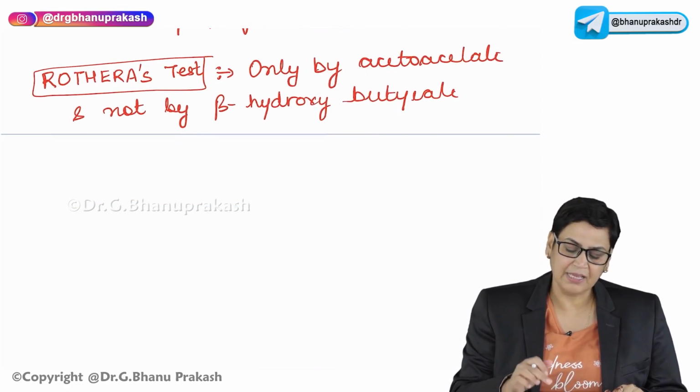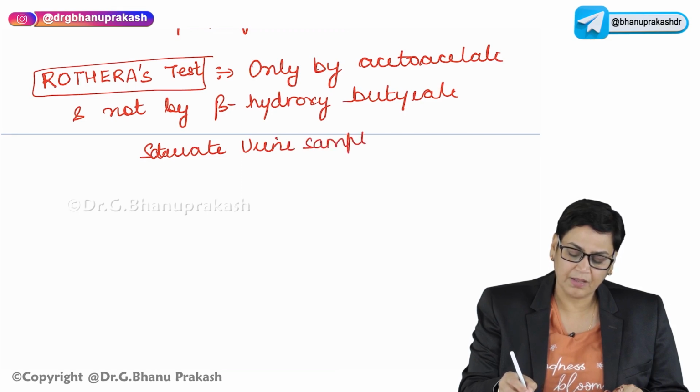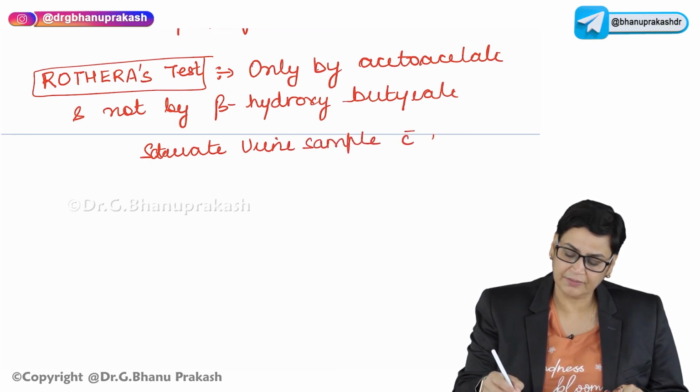First of all, we saturate the sample of urine with ammonium sulfate.